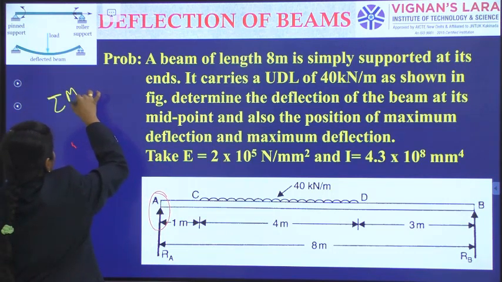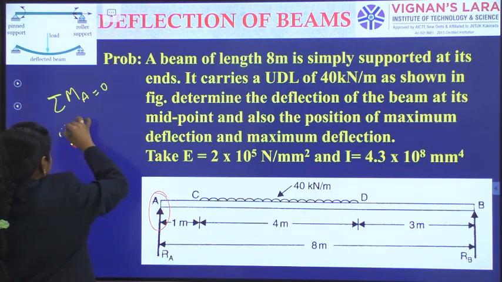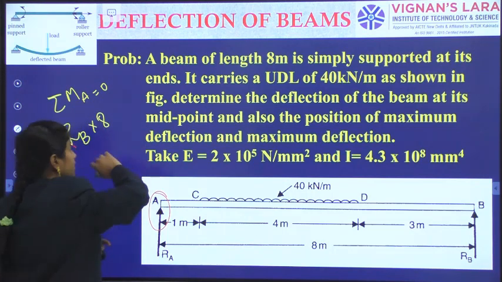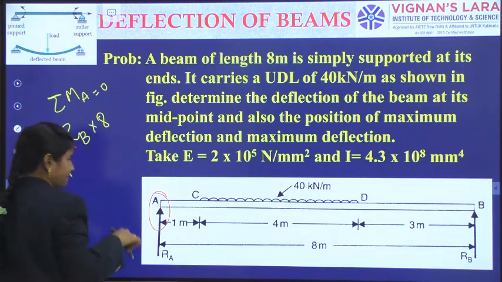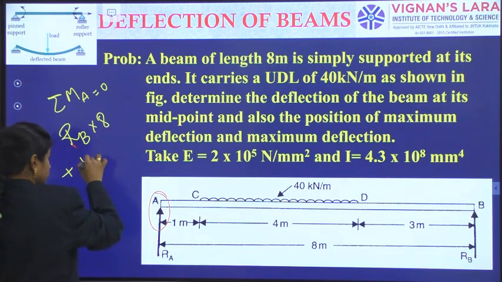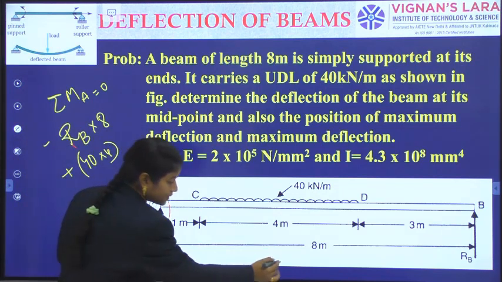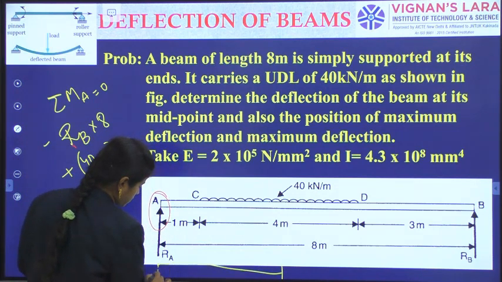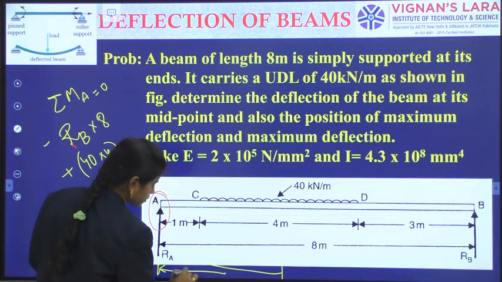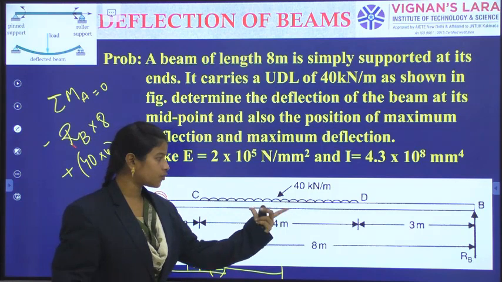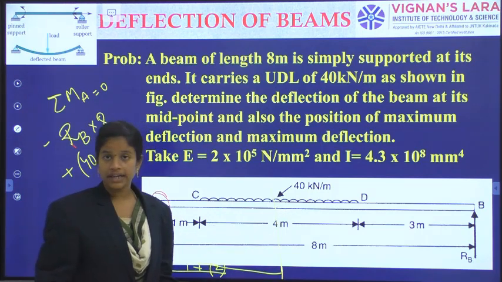Sigma MA is equal to 0. That's why RB into 8, anticlockwise, plus 40 into 4 UDL, and it will act at this distance, 1 plus 2. Why is it 2? Because out of the 4 meter length, at the center only the load will act.